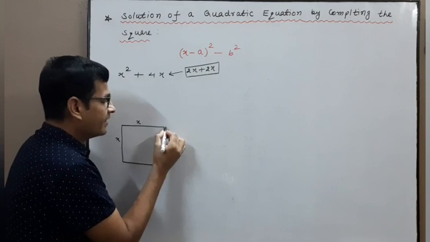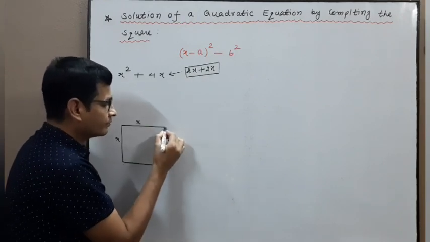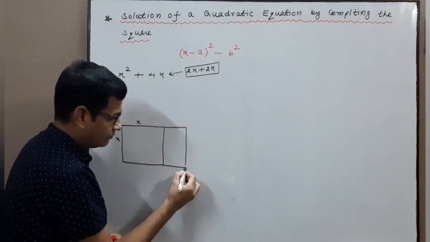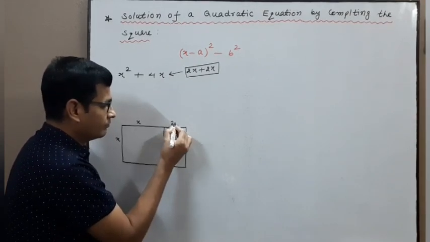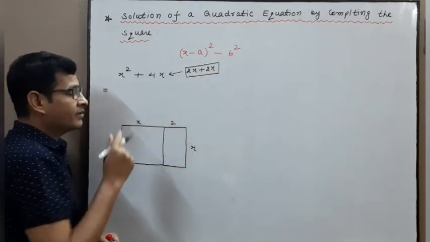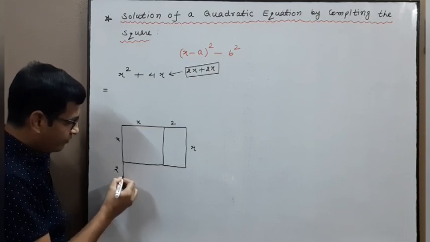So now consider a rectangle whose length is x and breadth is 2, and another rectangle 2x, breadth is 2 and length is x.